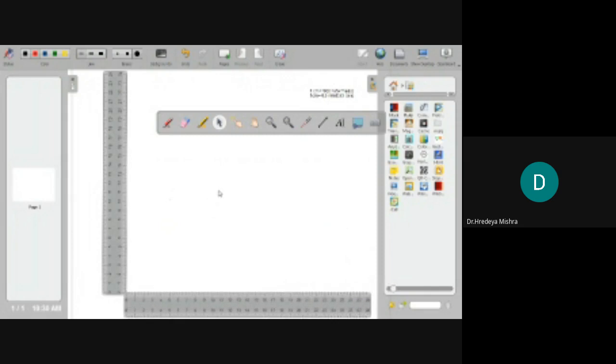Now we choose one point. See, the initial point is here. We just make a point here. See, one point is here, the initial point. And the next point is here, 1380, 1380.